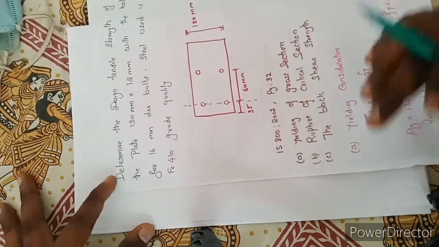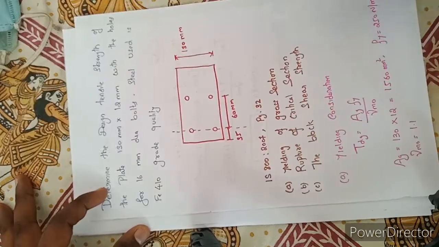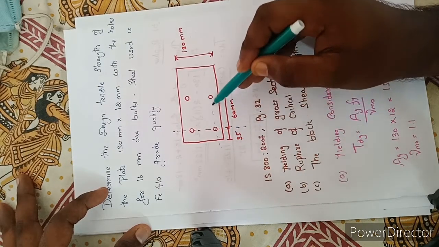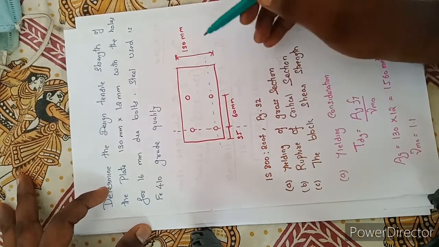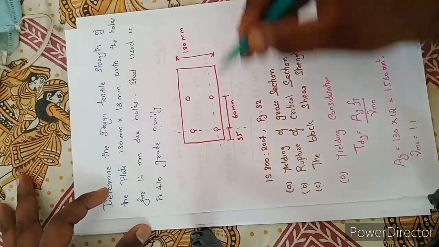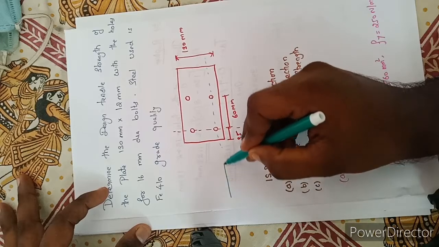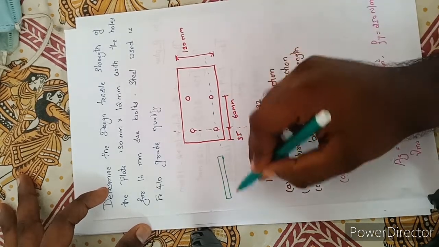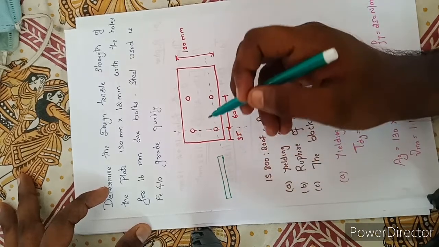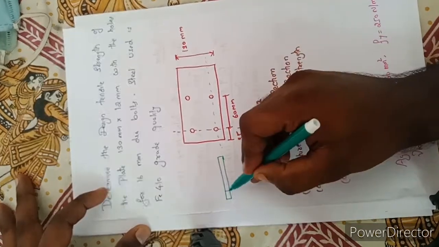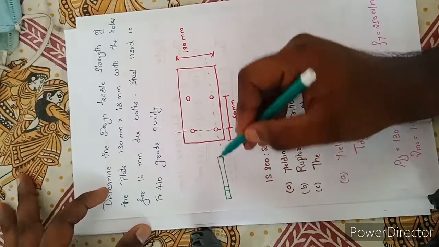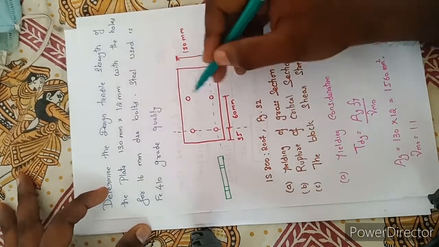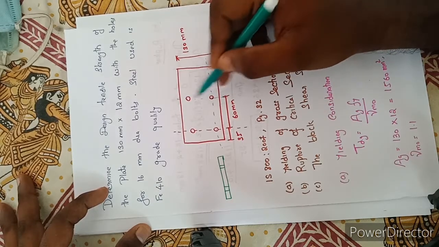If you cut the plate horizontally and view it from the top, you will find it in this shape, where here is one hole, here is one hole. I'm just restricting it to this part only.